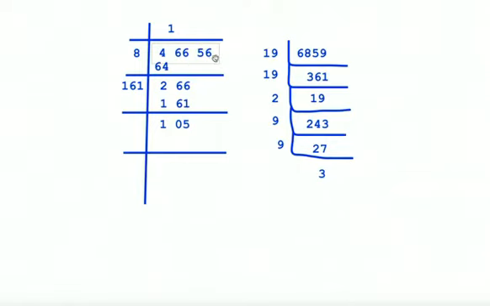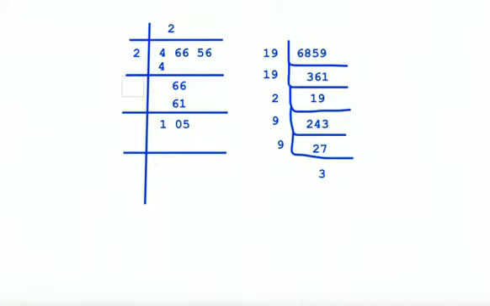This is the pairing from the right. So 4 has to come. This is 2. This is 2. This thing is 0. Now it won't come. Here also it won't be there. 66 will come down.